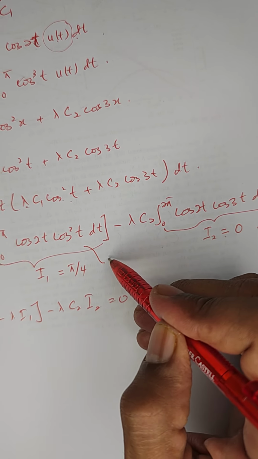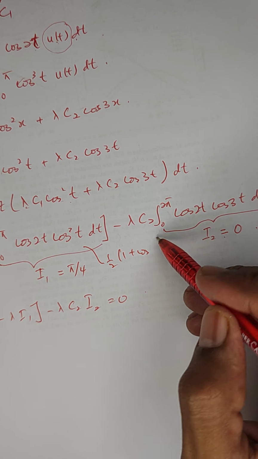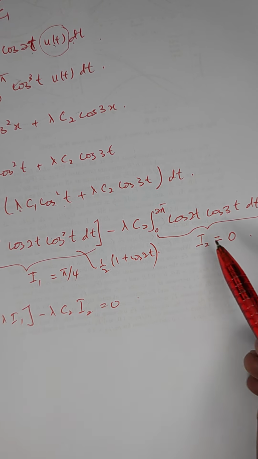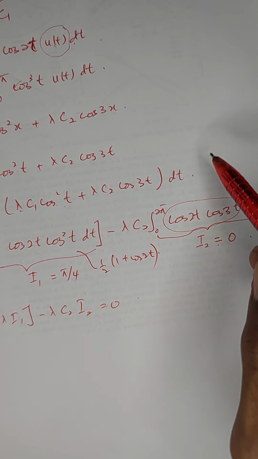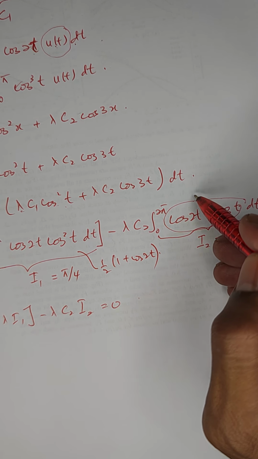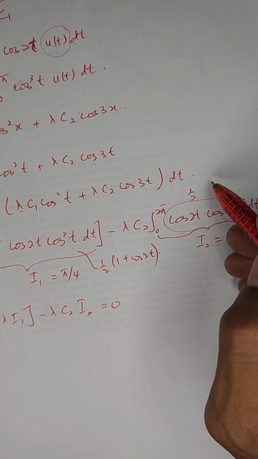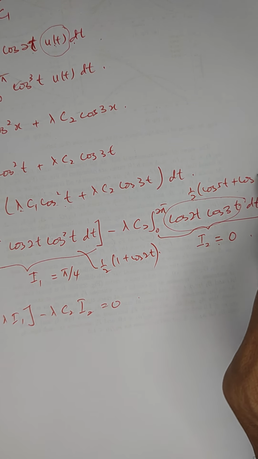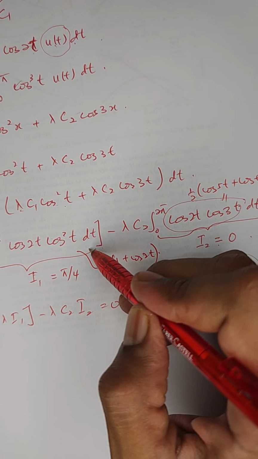In my case, I use half of 1 plus cos 2t, and then for this one you can use half of cos 5t plus cos t. Yeah, this is equal to that.